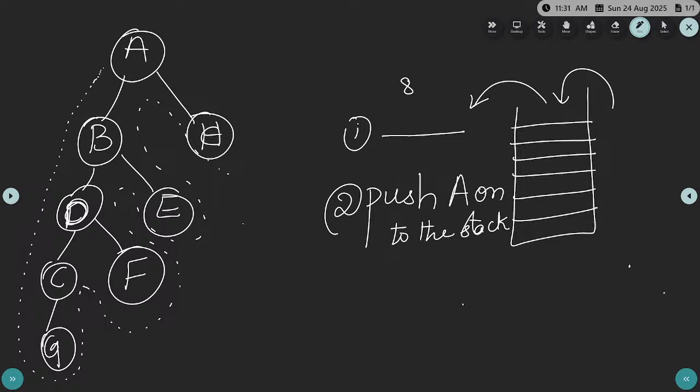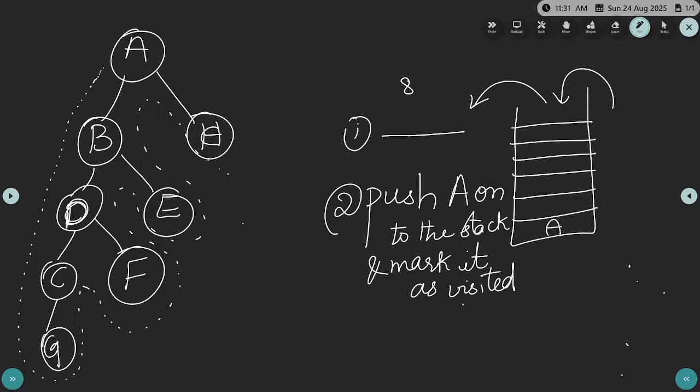Push A onto the stack and mark it as visited. So what am I doing here? I am going to push A onto the stack.